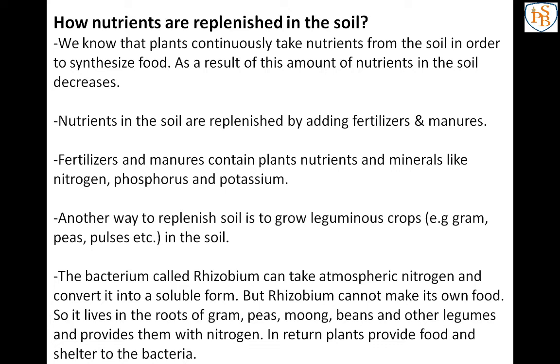If you want to use fertilizer, that also you can use, but fertilizers are harmful if we use them in more amount. So the best way to replenish the nutrients in the soil is to grow the leguminous crops. I hope you have learned how the nutrients are replenished in the soil. 3 things we can use: fertilizer, manure and growth of leguminous crops.